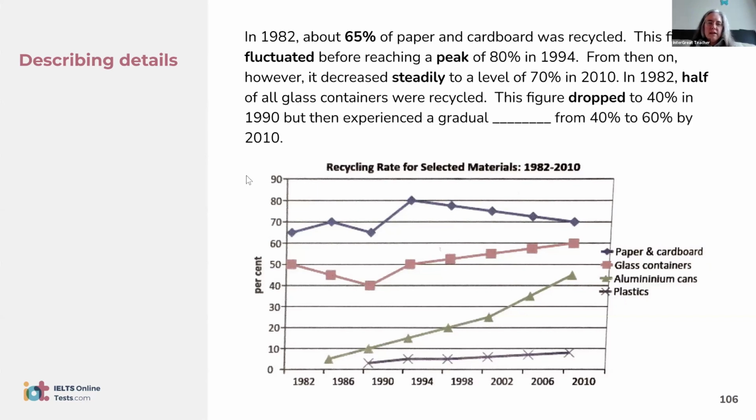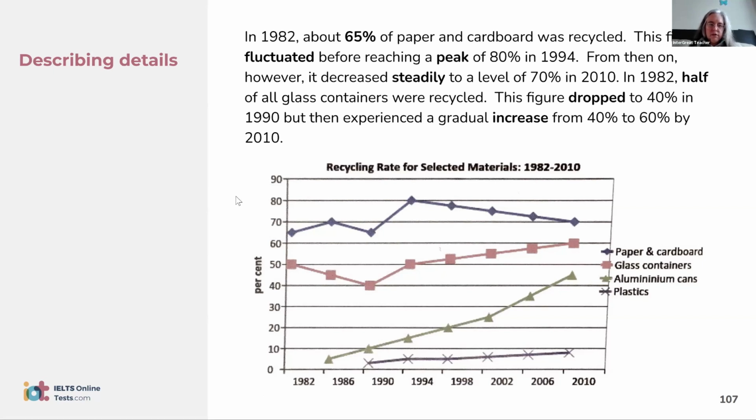But then experienced a gradual from 40% to 60% by 2010. Yeah, a gradual rise, a gradual increase. Those are all nice suggestions. Okay, and increase is what we've got here.